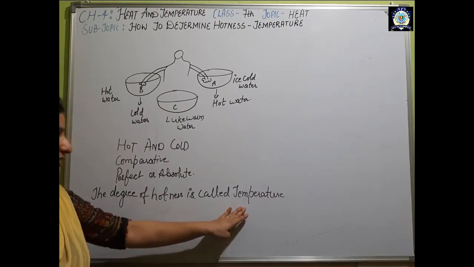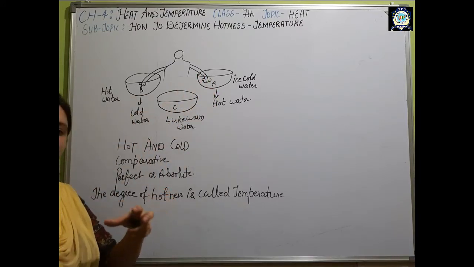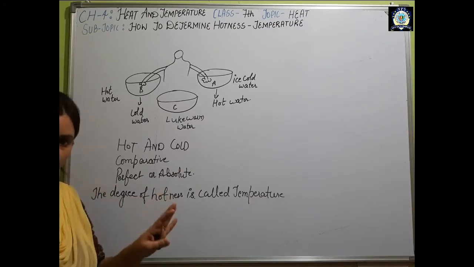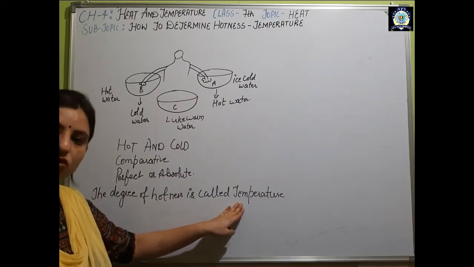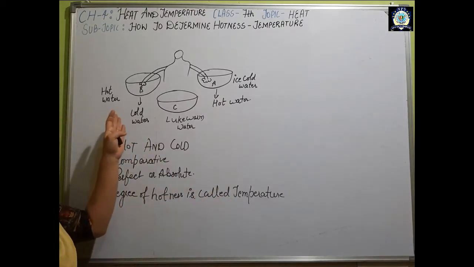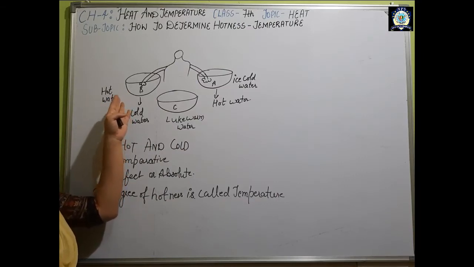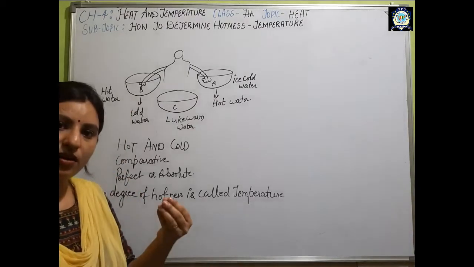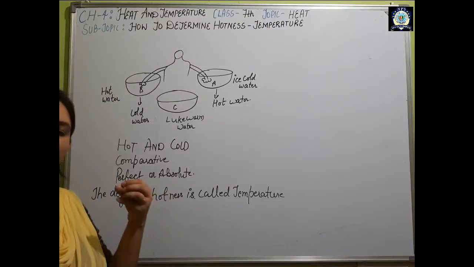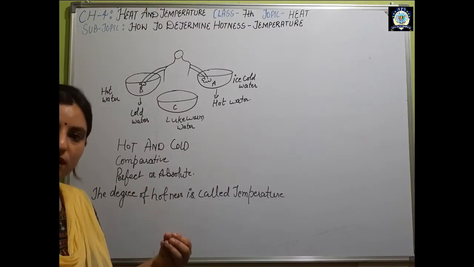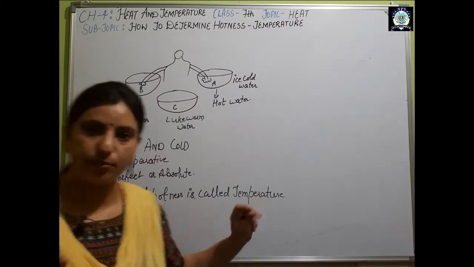We can say that this is ice cold water, cold water. How many degrees is it cold? Then it is absolute, it is perfect. And also when we talk in terms of hotness of water, then we can say how many degrees the water in the bowl B is hot. So we can easily give a perfect answer in the form of readings. So the degree of hotness is called the temperature.